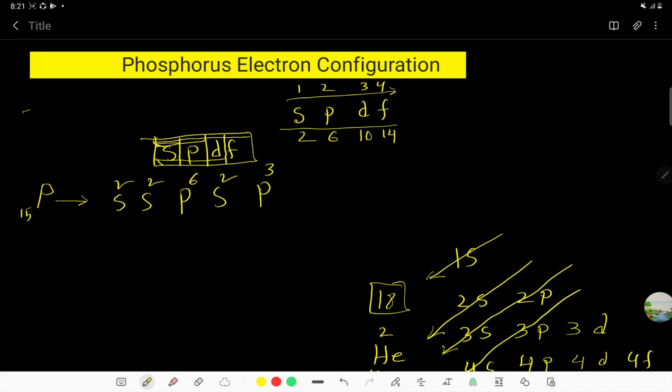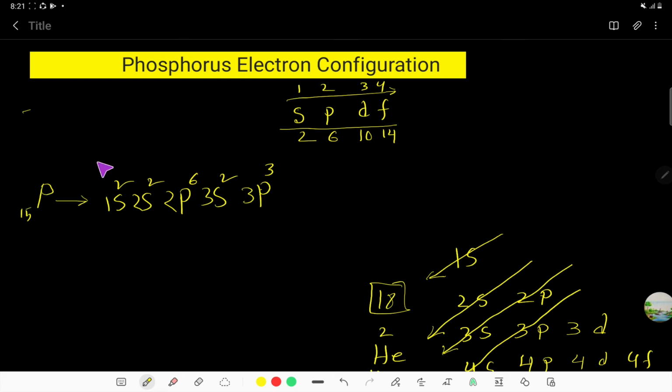So let us put the number before S, P, right? So S starts from 1s, then the second S will be 2s and the third S will be 3s. Then P starts from 2p, then here will be 3p. So this is the electron configuration of phosphorus.